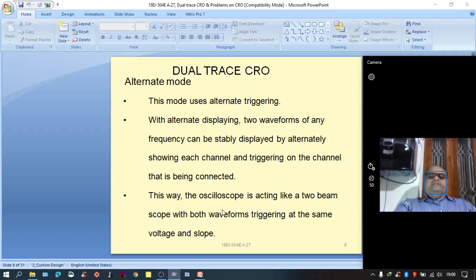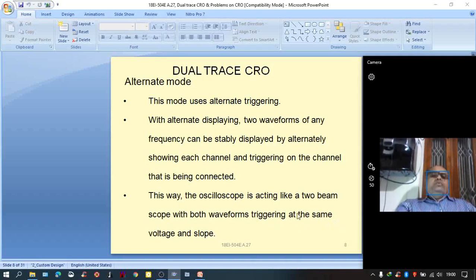This way, the oscilloscope is acting like a two beam scope. In fact, there are no two beams, but it would be acting like a two beam scope with both waveforms triggering at the same voltage and slope, because the slope and voltage are from the single sweep signal.